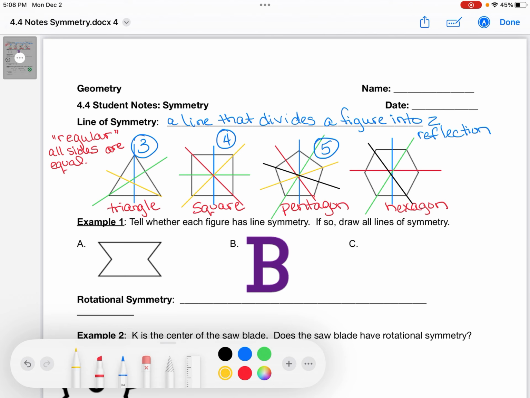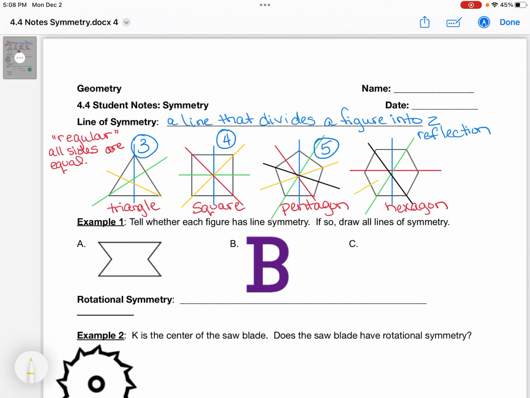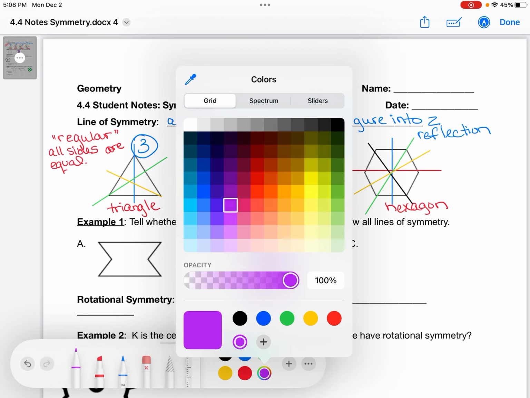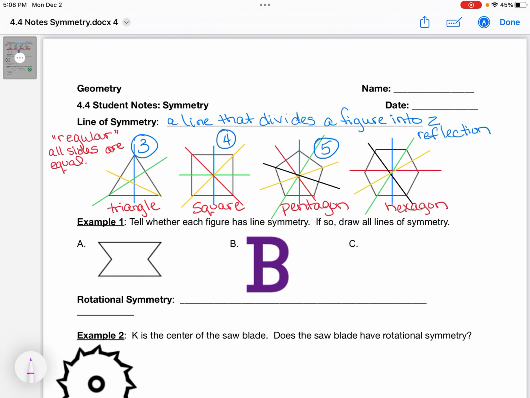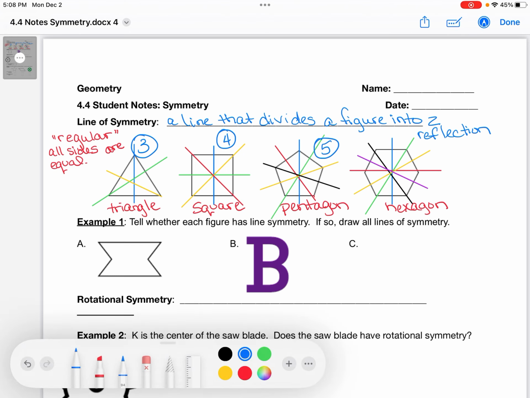And then also the sides make lines of symmetry. And there's going to be 6 lines of symmetry for the regular hexagon.